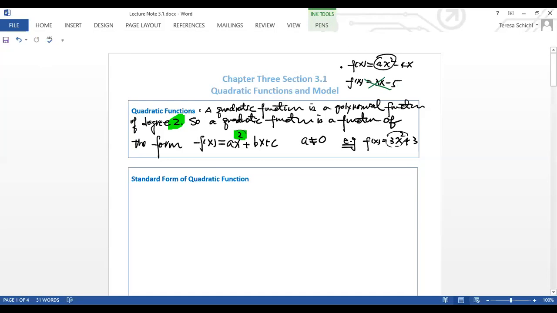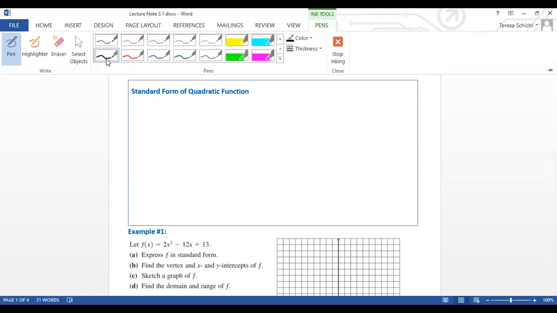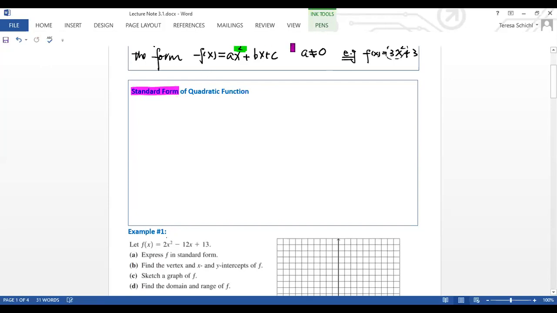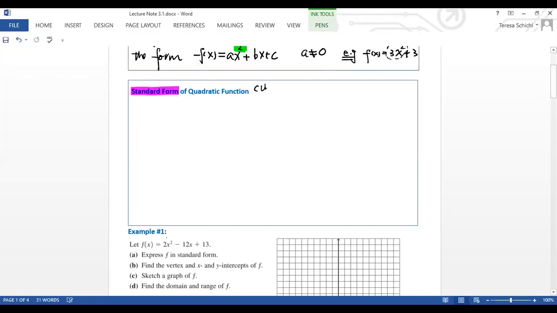Okay, then the next thing we're going to talk about is the standard form of the quadratic functions. We also have a different term for this, we call it the vertex form.